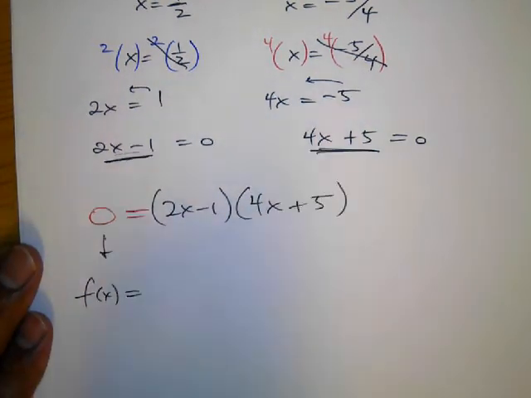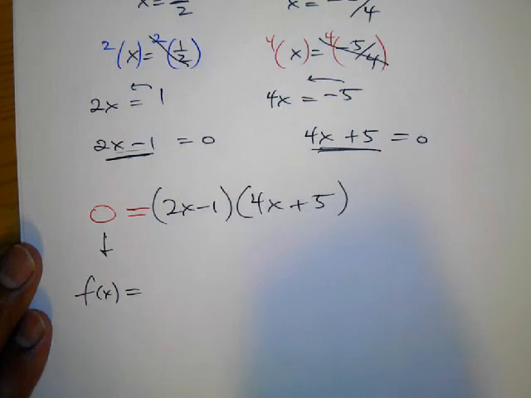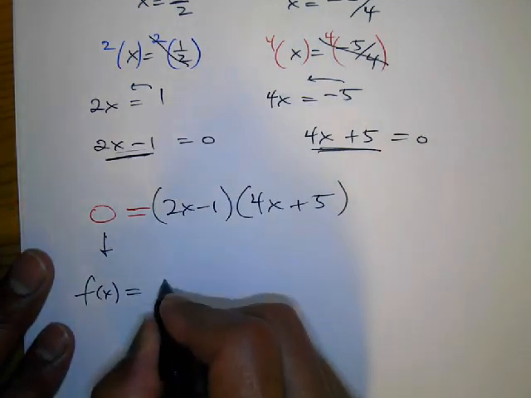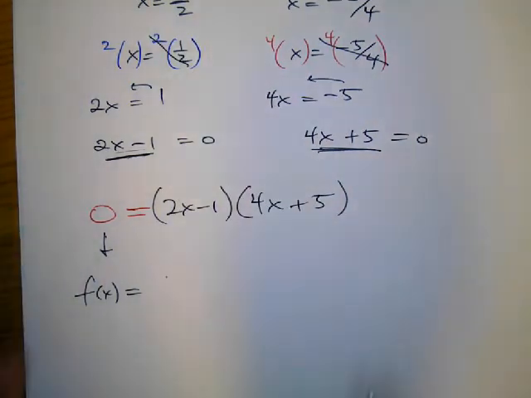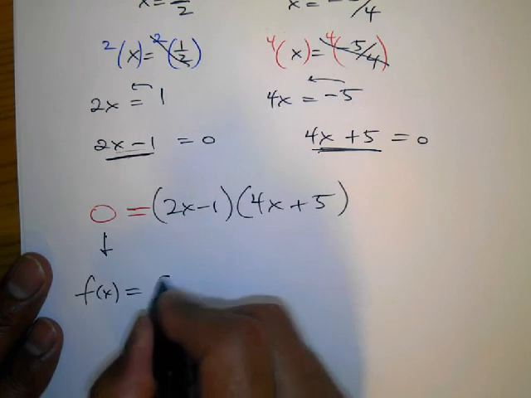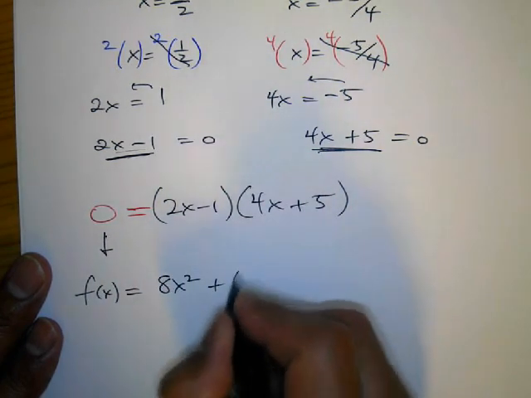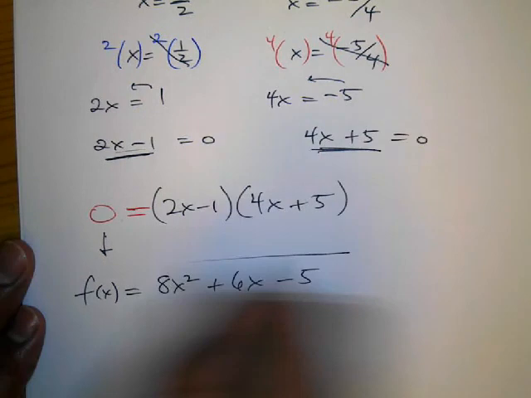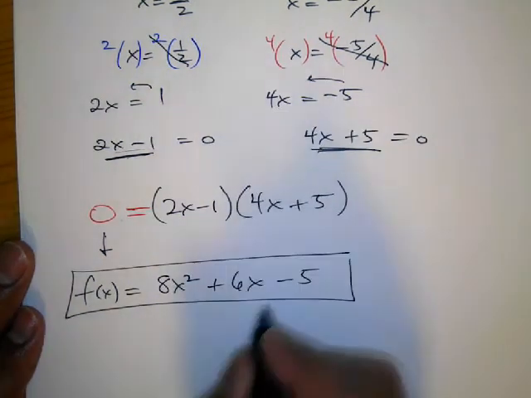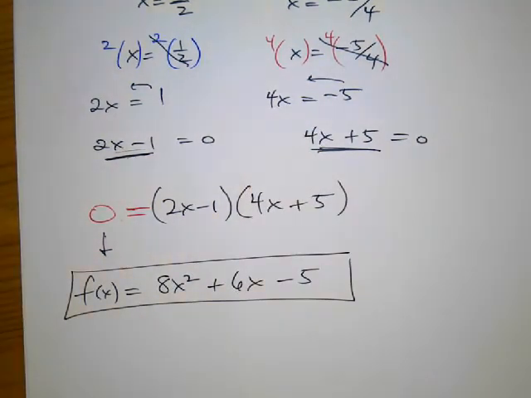Now let's find the polynomial function. So now change that back to f of x. And now you've got to multiply this. Well, you can have fun practicing. I'm just going to put the answer here. It's not an answer, it's a polynomial function, sorry. 8x squared plus 6x minus 5.